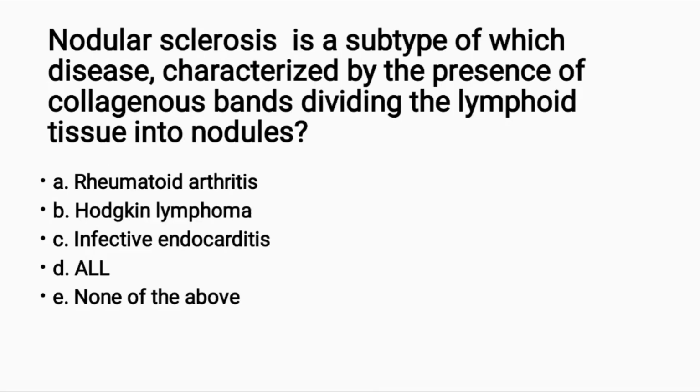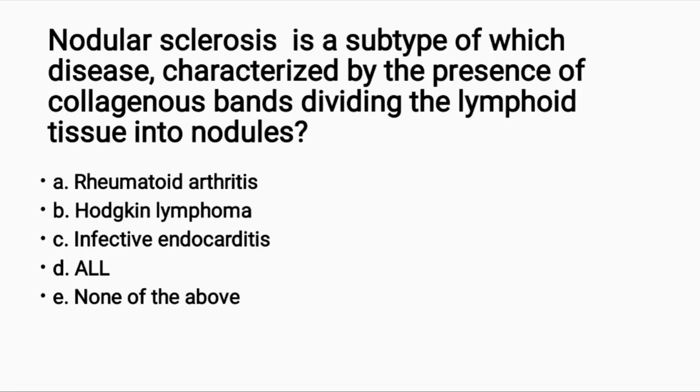Nodular sclerosis is a subtype of which disease characterized by the presence of collagenous bands dividing the lymphoid tissue into nodules? A. Rheumatoid arthritis. B. Hodgkin lymphoma. C. Infective endocarditis.